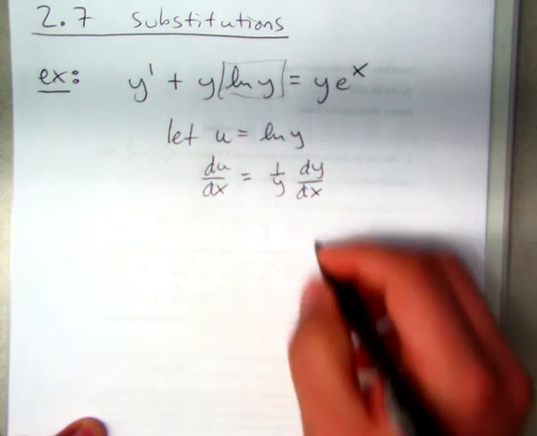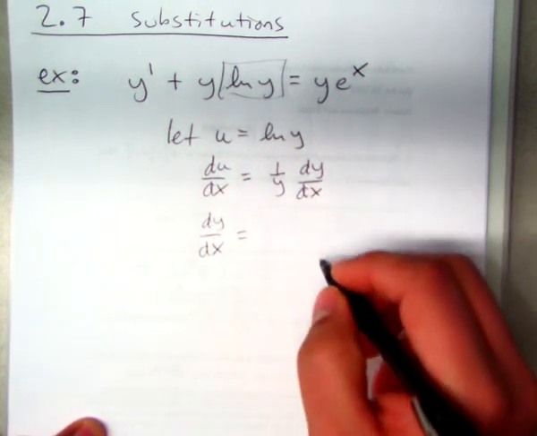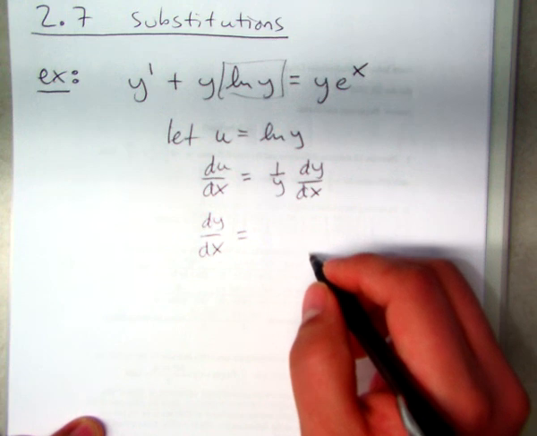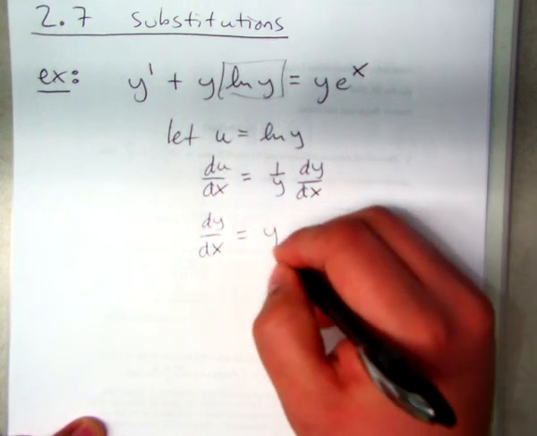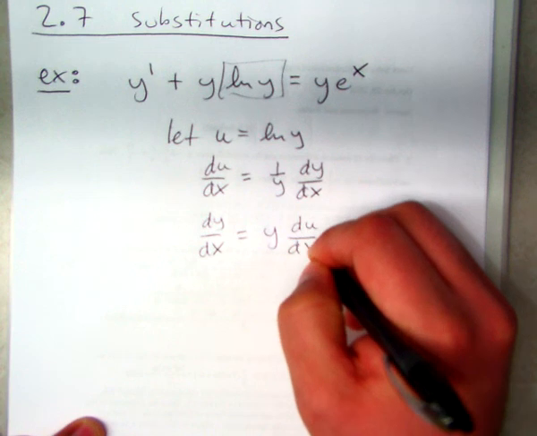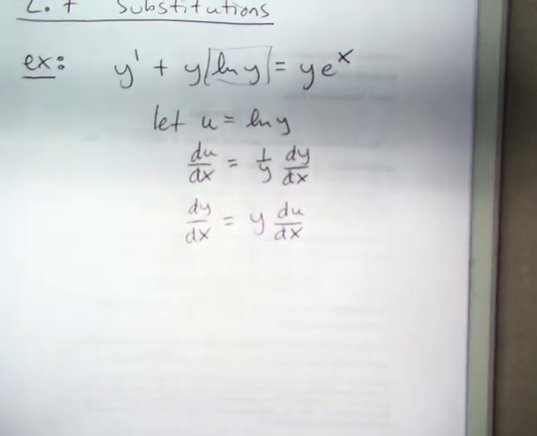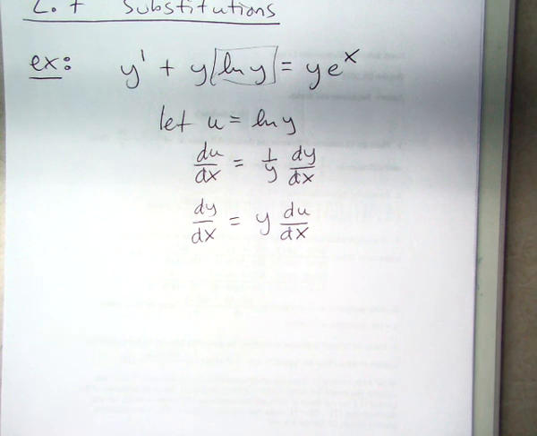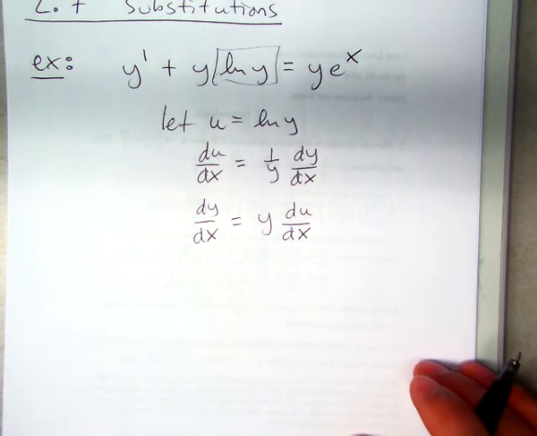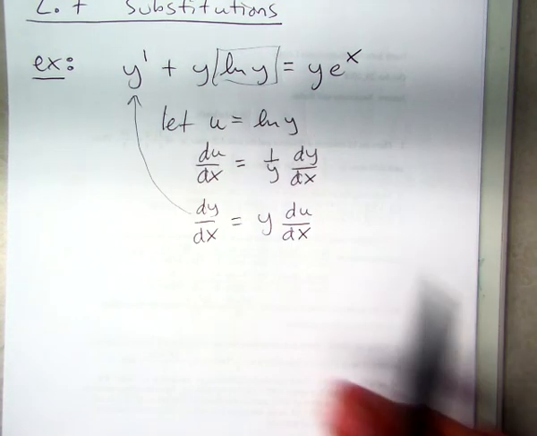So then dy dx becomes y times du dx. Does that make sense so far? So let's go ahead and replace dy dx back into the differential equation.